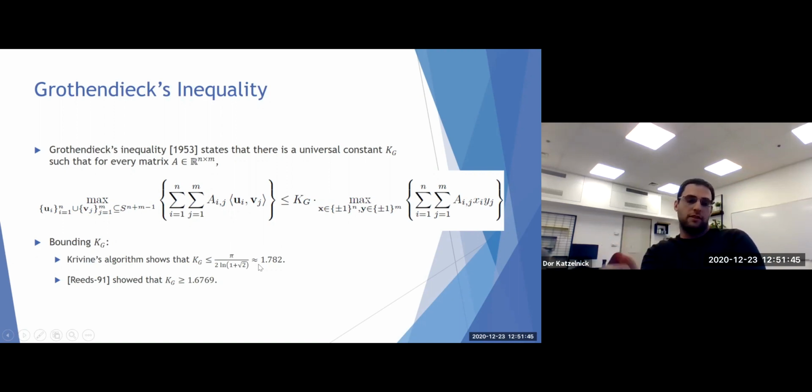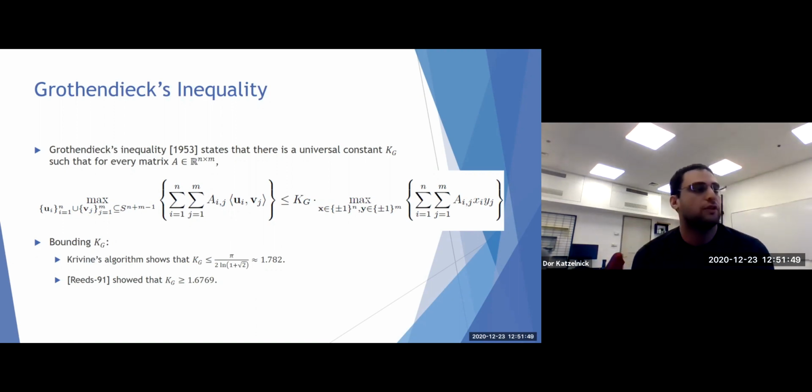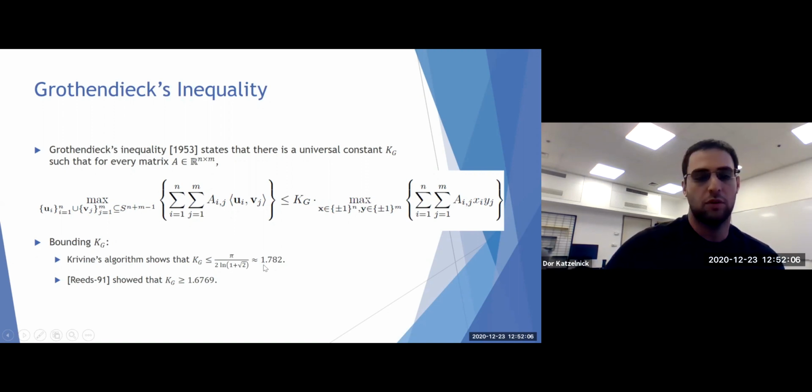And again, Krivine's work is from the 70s, and he also didn't care about algorithmic applications of this inequality. He only wanted to calculate this constant. So he gave a proof that this constant is at most 1.782, but his proof was constructive. So we got an efficient algorithm for rounding this semi-definite relaxation.